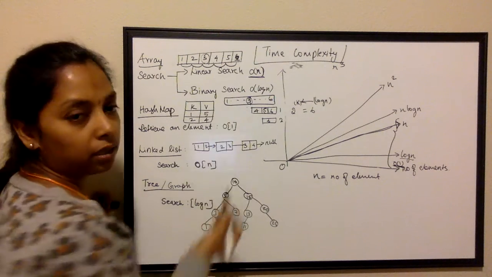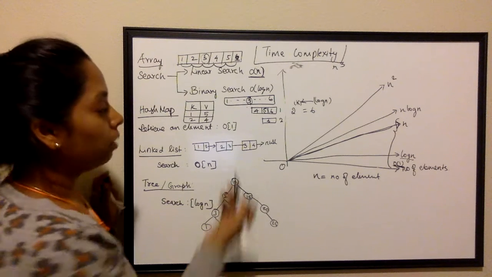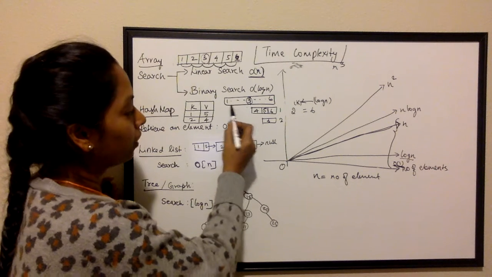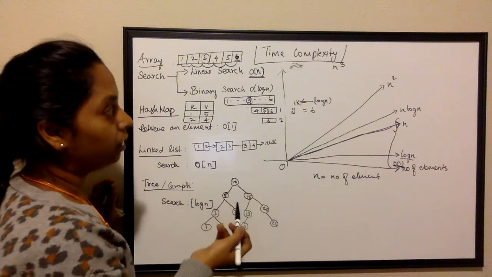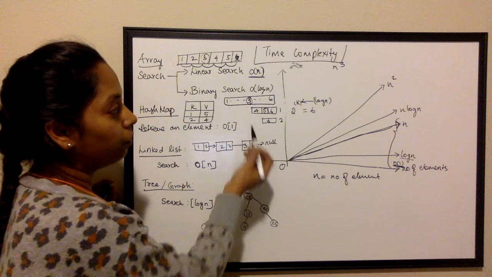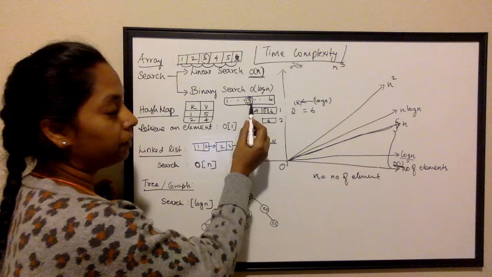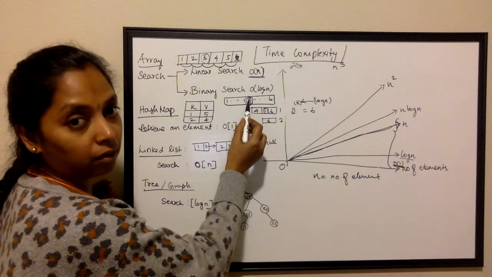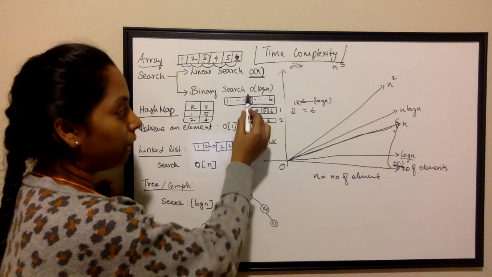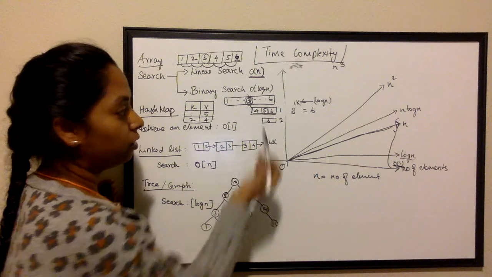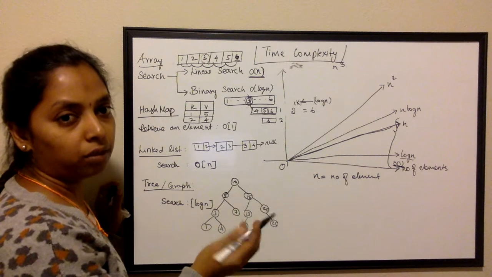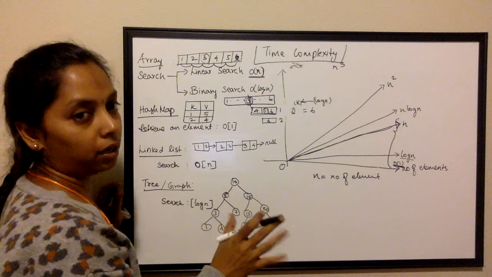What about binary search? Binary search is nothing but, taking the same array, if you want to find the element 6, we find the mid element, and if this mid element is less than 6, then divide the array in half. This is a logical separation, so you're not creating any new array here.